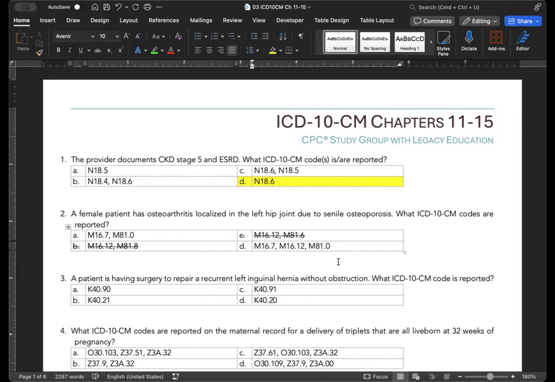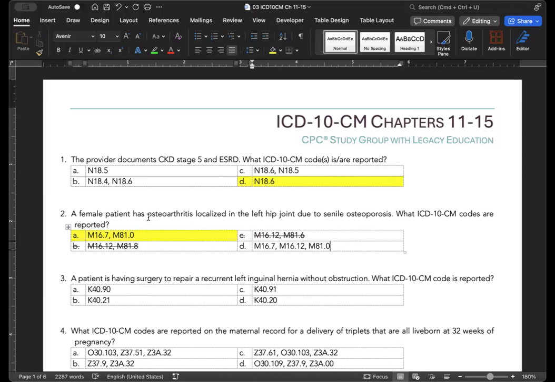So are we saying M81.0 only, for those that have answered in the chat, or are we saying that we need something else? If somebody wants to come off mute, you're more than welcome to. Okay, yep. So we should only code the M81.0. My brain today is not processing numbers.